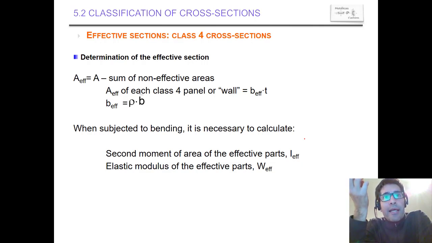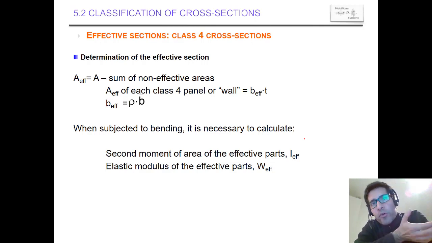With this, we can calculate rho, and then we can calculate a new element whose area is smaller than the total area, whose second moment of area is smaller than the full second moment of area, and whose elastic modulus is smaller than the cross-section elastic modulus.